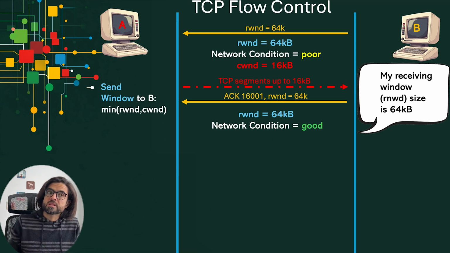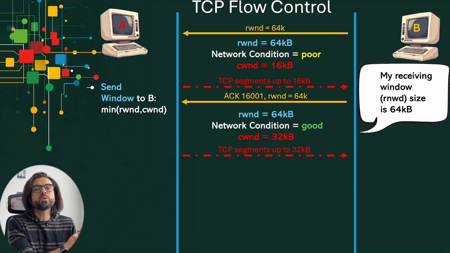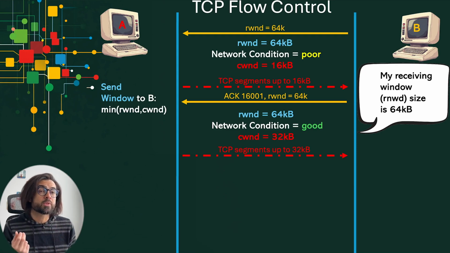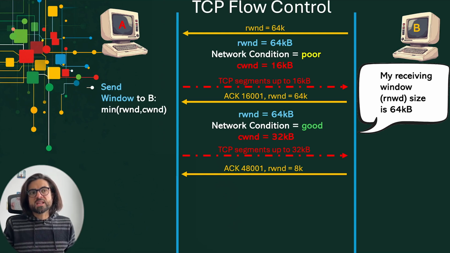We have some improvements, so we can put it up to 32 kilobytes. And let's communicate with that. Between these two, 64 and 32, the lesser of the two is 32. So I'm going to send up to 32, and I'll let computer B know that I'm going to send up to 32. So it sends, it receives the acknowledgement.